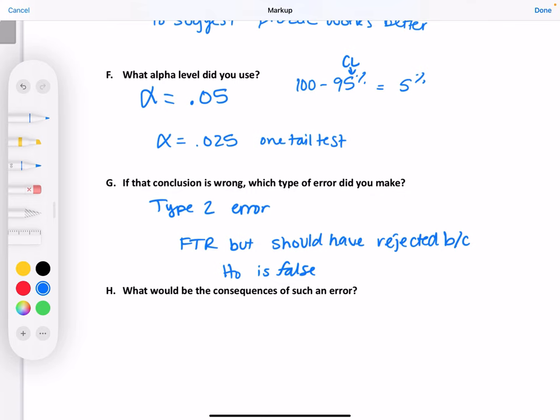So what would the consequences of such an error be? So basically this would say that we think Prozac is not effective.